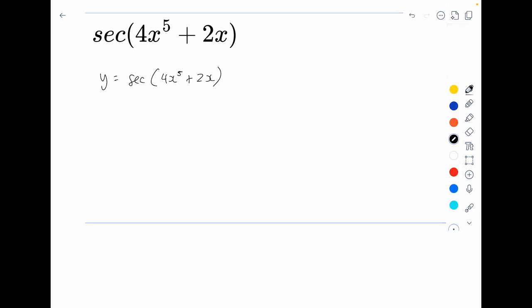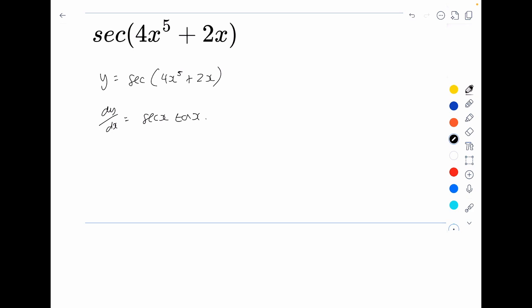Right? So, what does that mean? Well, what that means is, firstly, what's the derivative of y here? What's dy by dx? Well, dy by dx is going to equal sec x tan x. Okay?